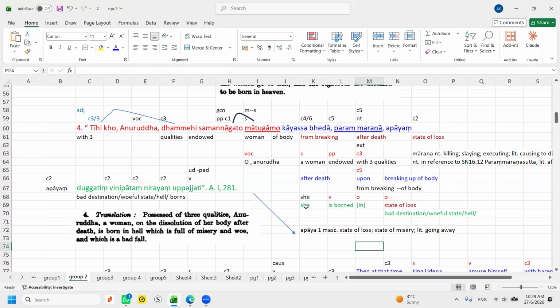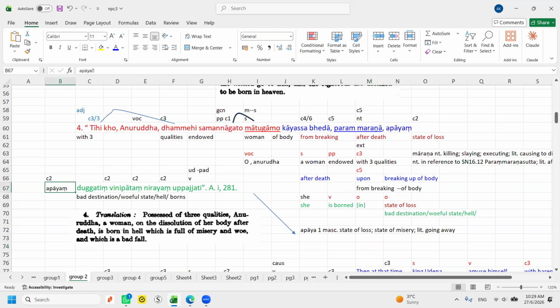If we say apaya, a state of misery, this can refer to the four woeful states. Duggati, bad destination, can be anywhere, also the four woeful states. This is interesting.